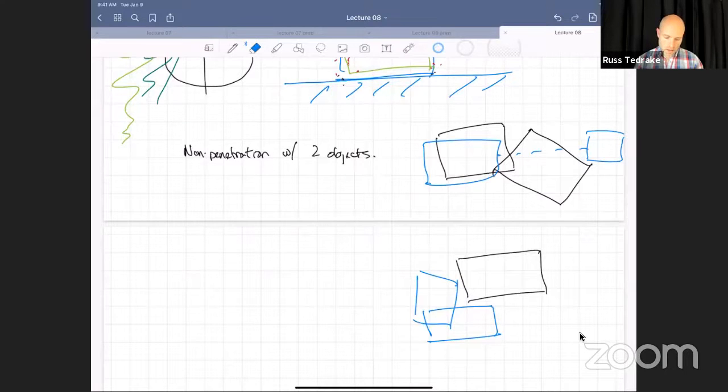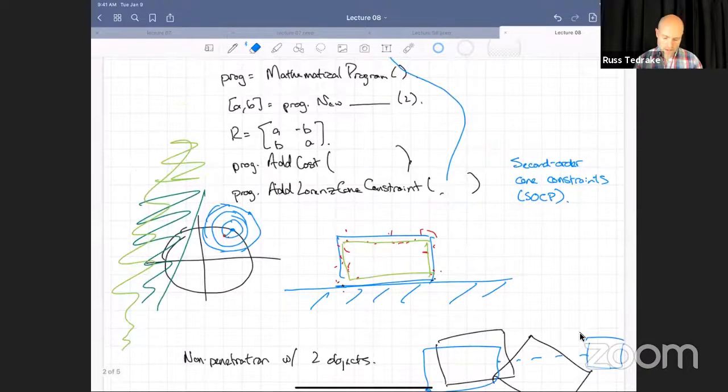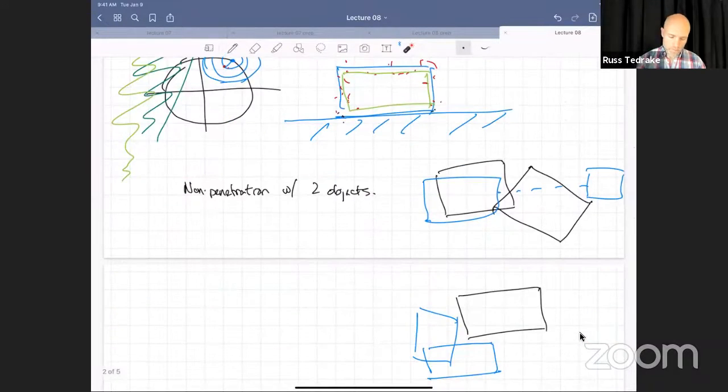Also, I should say the tightness that we're talking about here is partly due to the fact that we had a clever parameterization in 2D. In 3D, the convex parameterization of the rotation matrices is more subtle. I wasn't going to do it here.